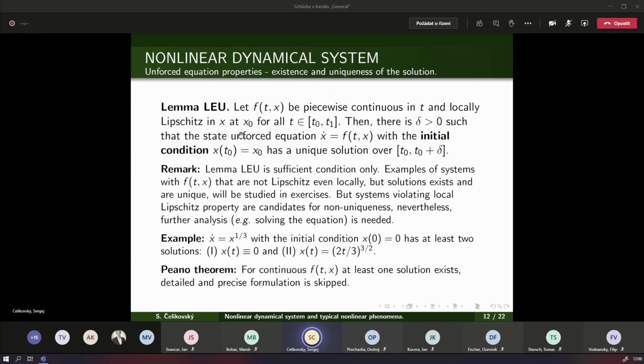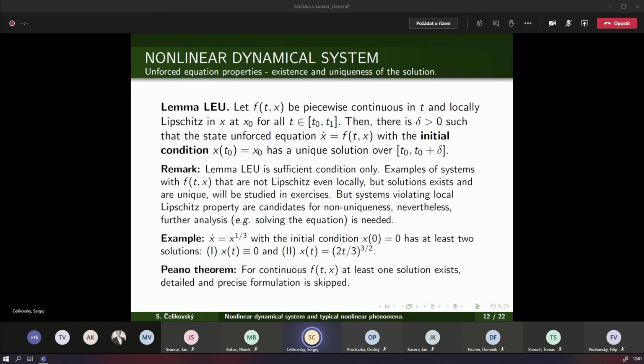And you already can answer the question: does this violate this lemma LEU? No, it doesn't, because if you compute the derivative with respect to x here, you will obtain x to the power minus 2/3, and the derivative doesn't exist at 0, and around 0 it goes to infinity when you approach 0.